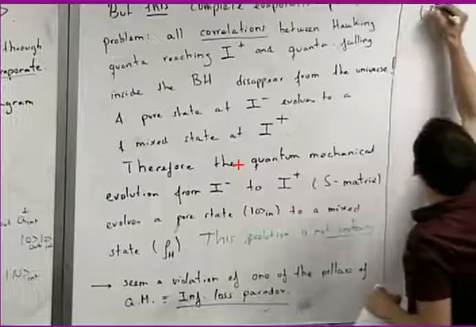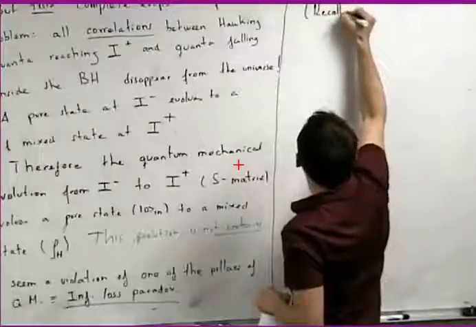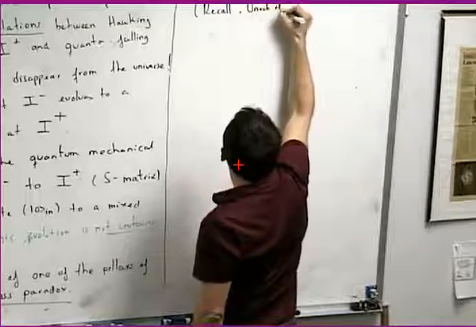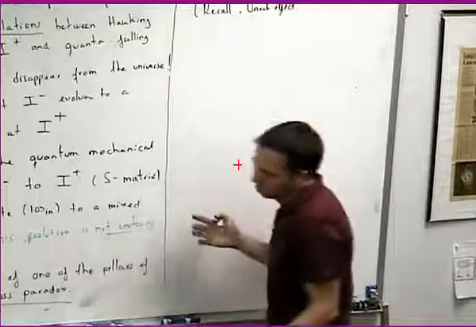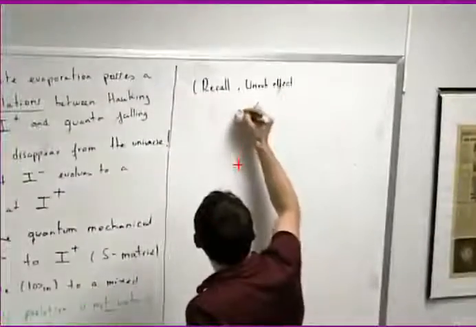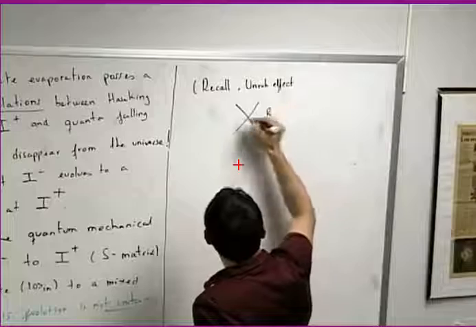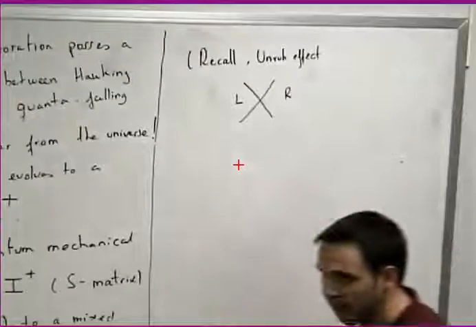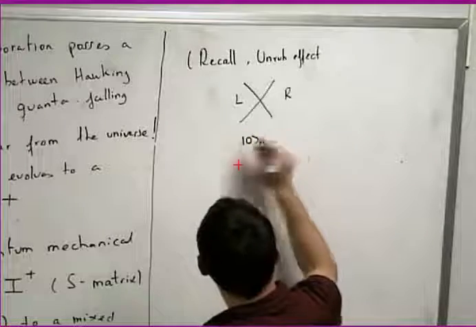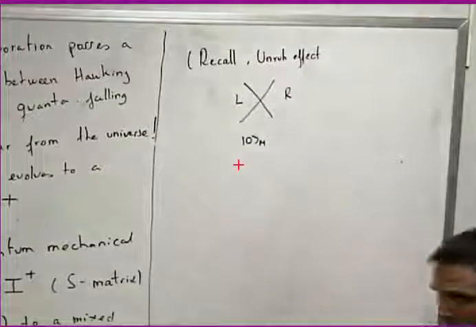So just to refresh your memory, recall what happened in the Unruh effect. In there, everything is static, so it's much simpler, and we didn't have any problem. In the Unruh effect, we had the right and left Rindler wedges of Minkowski spacetime. We had the Minkowski vacuum, which is a state defined everywhere.